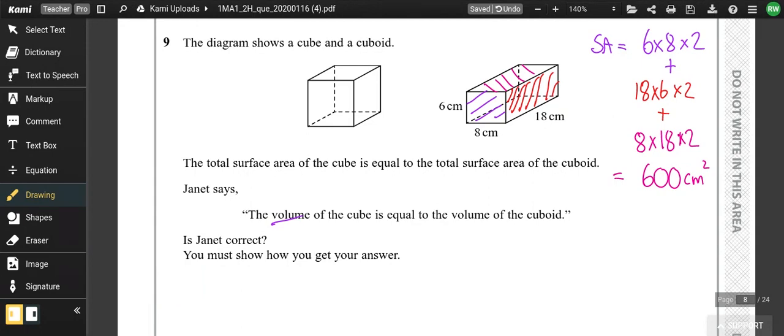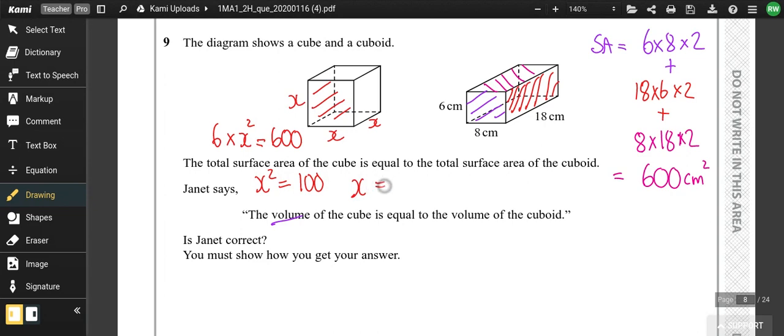So the surface area of the cube is 6, let's call the sides x. 6 times x squared, because each face is x squared and there's 6 of them. So that equals the same as the cuboid. So x squared is 600 over 6, which is 100. So we now know that the sides are 10 centimeters for the cube.